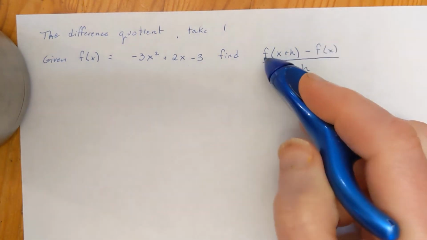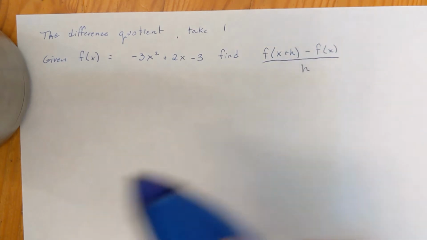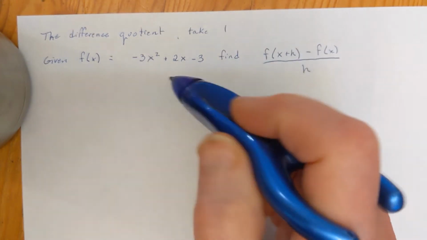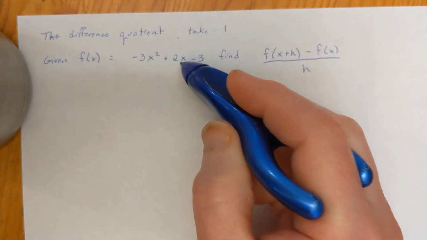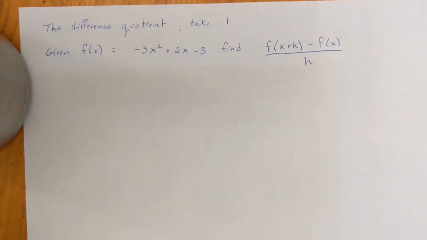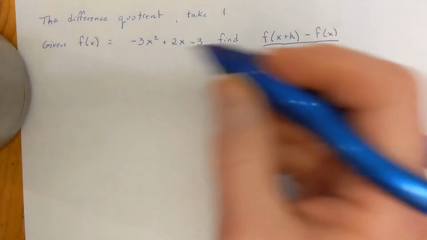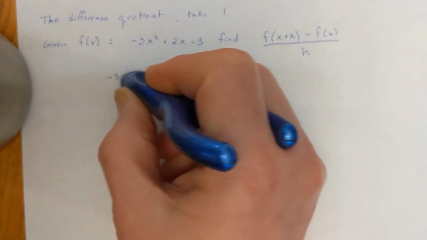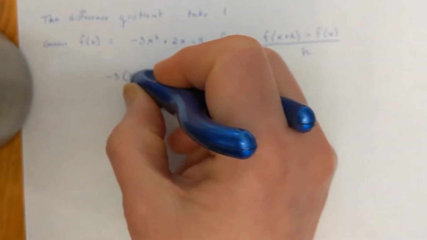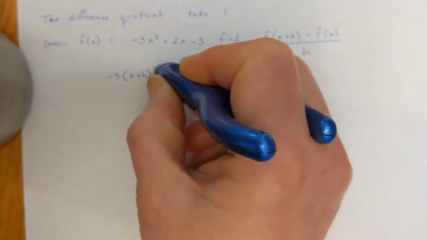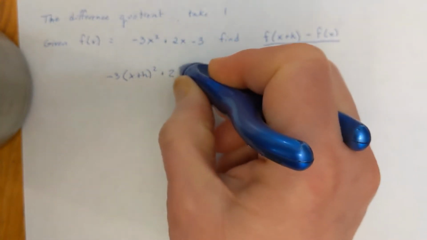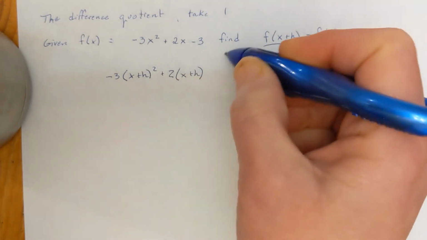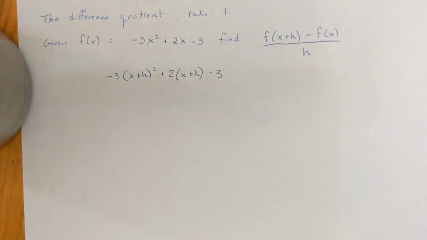The first thing I do is find f of x plus h. So I'm going to put in x plus h wherever I have x in my function. So I'm going to have negative 3 times x plus h squared plus 2 times x plus h minus 3.